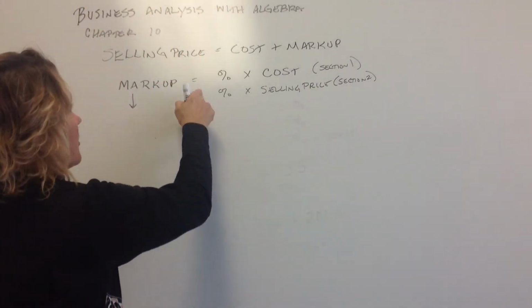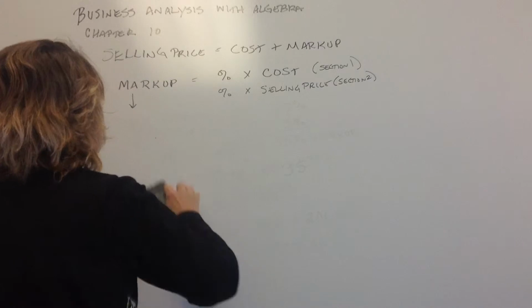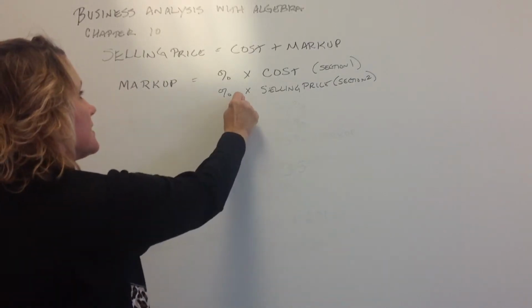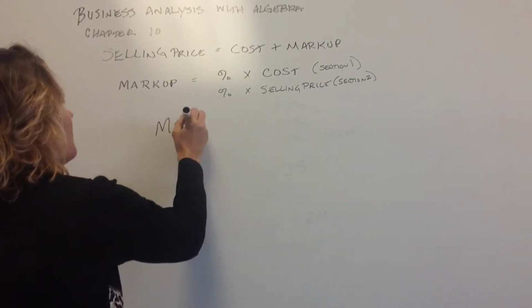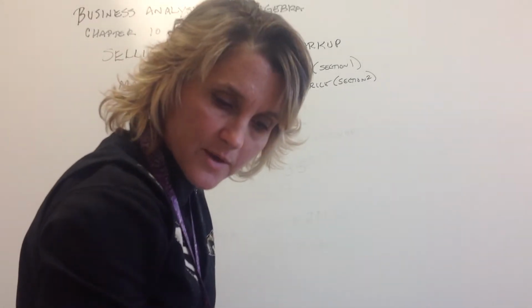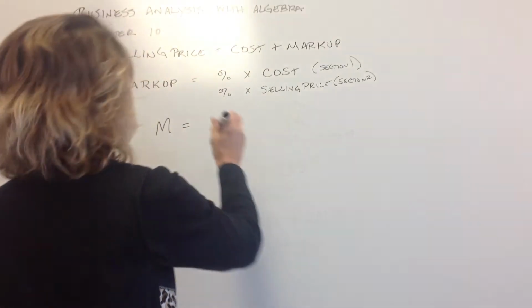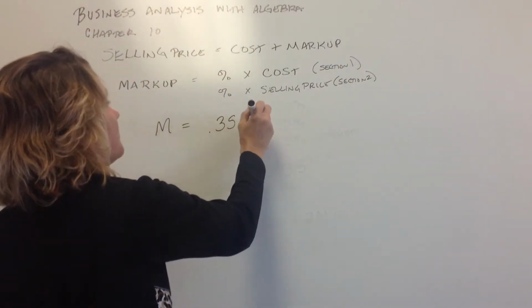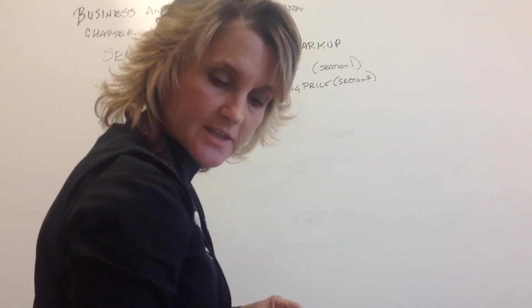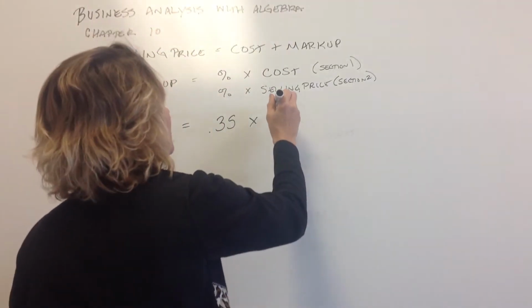So if we start with our second formula, start with our markup. Now in this case it's down here. Our markup, it tells us in the problem, is 35% of the selling price, so that's 0.35. And then it tells us that they sell the speakers for $595.